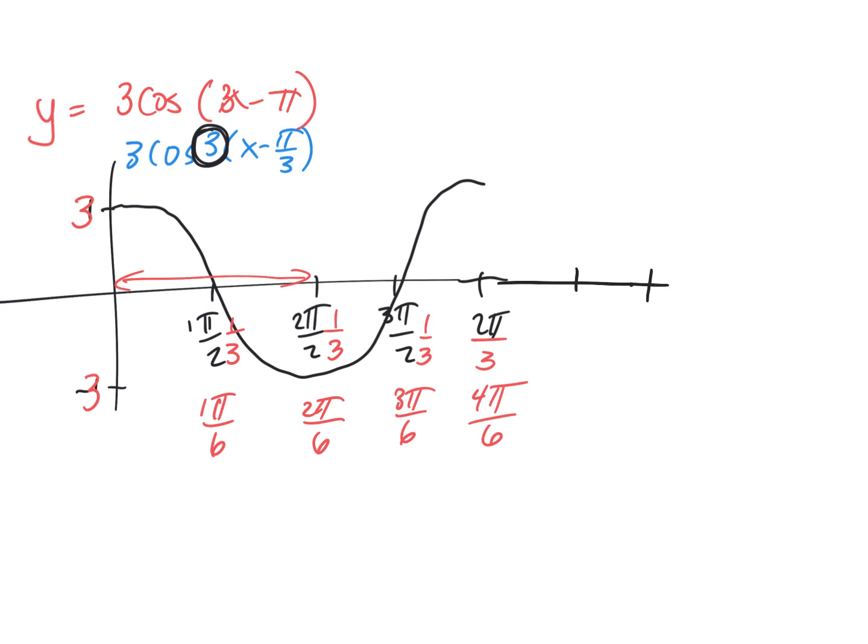And they're going to be, continuing my numbering, 5 pi over 6 and 6 pi over 6, aka pi. Now, to actually move it over, I'm going to draw this in blue, and it starts here. It's got its low spot here, and it ends up here, and that kind of helps me just big picture it.